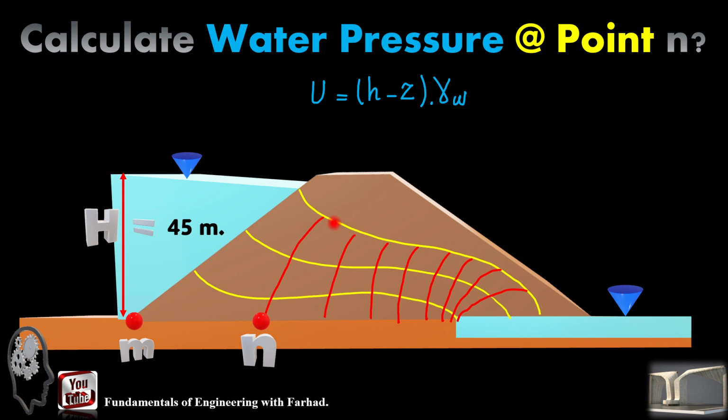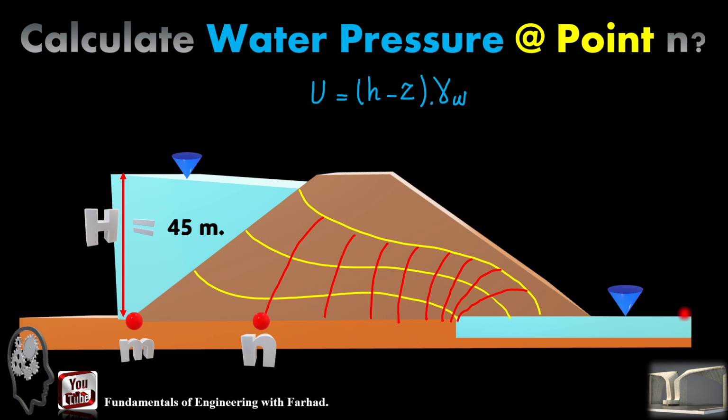So in that case, the water pressure u in combination with a flow network is (H minus Z) times gamma of water. H stands for head of water and Z is the height from your base, which we locate at the surface of downstream.